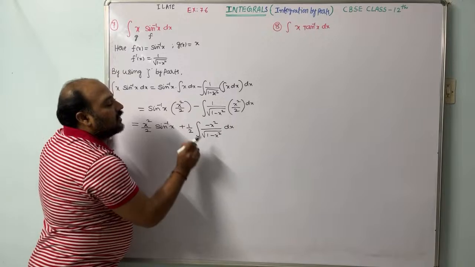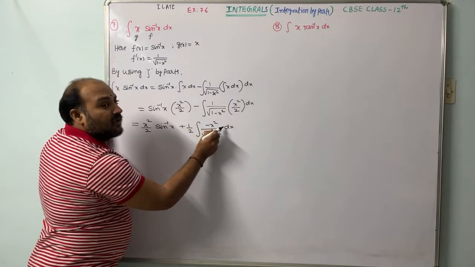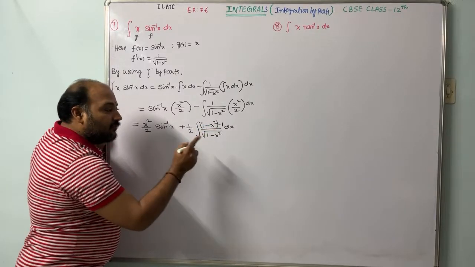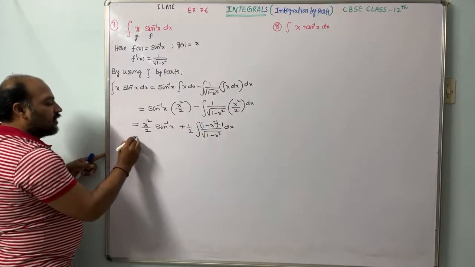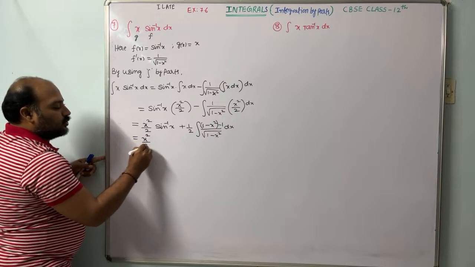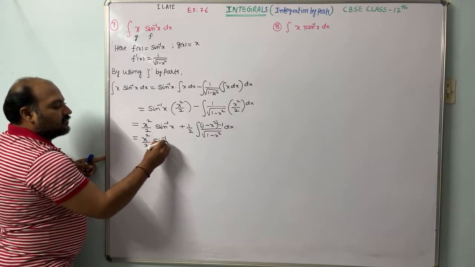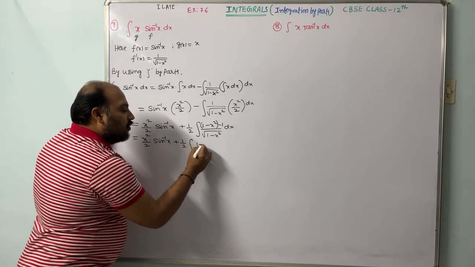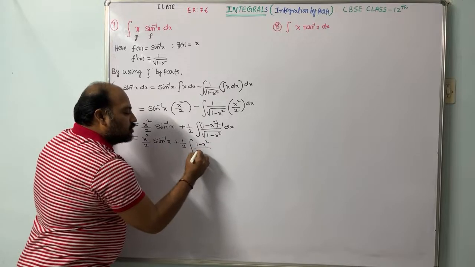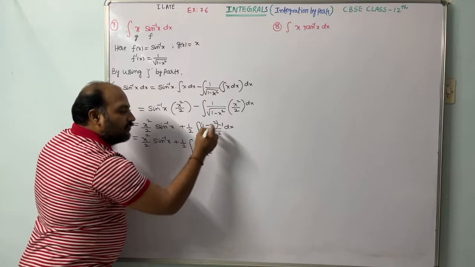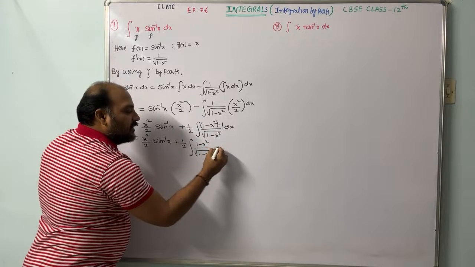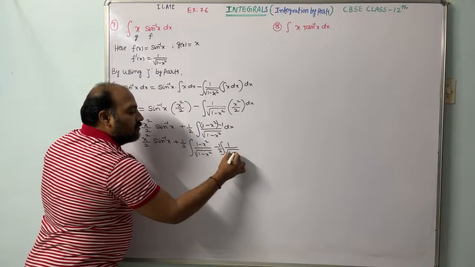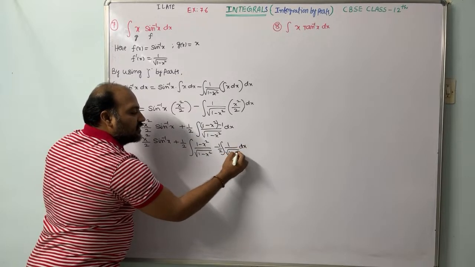After that, adding plus 1 and subtracting 1, we will simplify: x square by 2 into sine inverse x plus 1 by 2 into integral of 1 minus x square by root of 1 minus x square, plus the minus, minus 1 by 2 integral 1 by root over 1 minus x square dx.